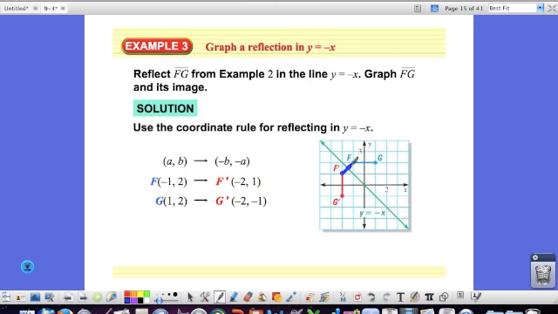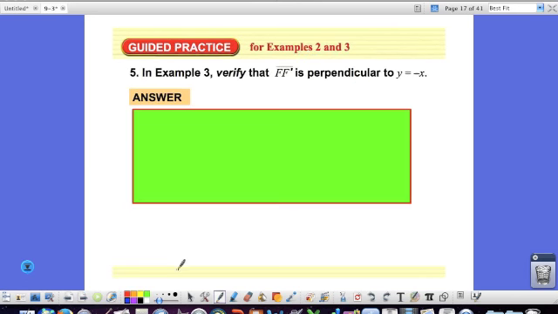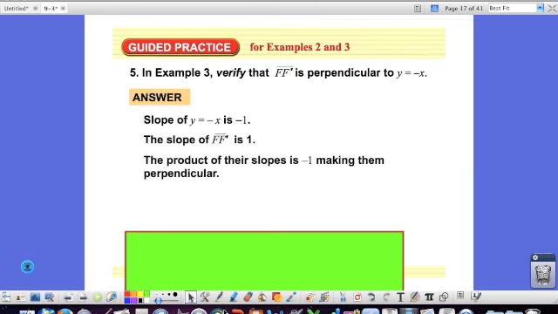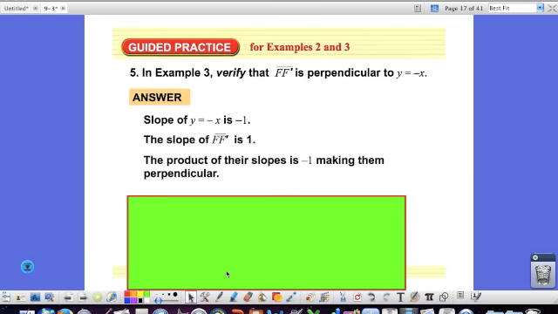This line has a slope of up 1 over 1, the slope of 1. This line, if we go from any 2 points on it, has a slope of down 1 over 1, or negative 1. 1 and negative 1 are negative reciprocals, so they are perpendicular. And that's what we just did.